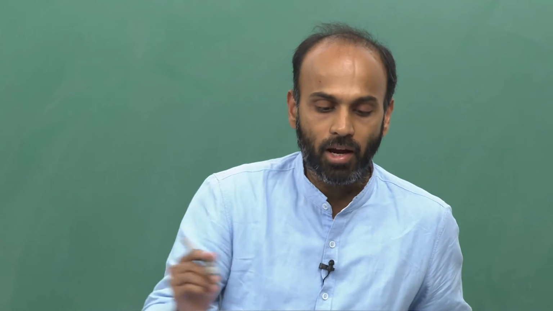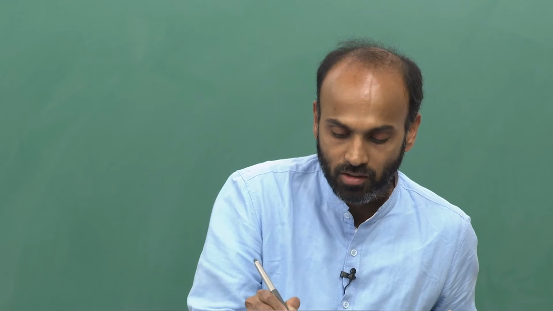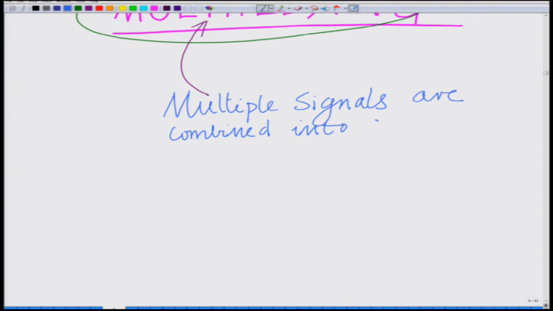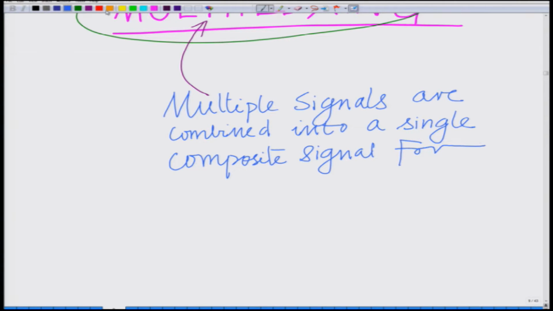So, the key idea behind multiplexing is that multiple signals are combined into a single composite signal for transmission over the channel.